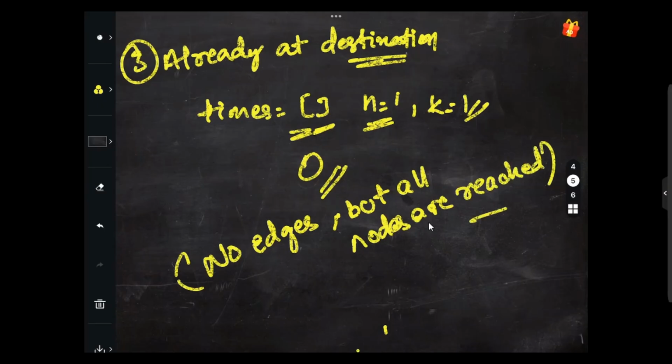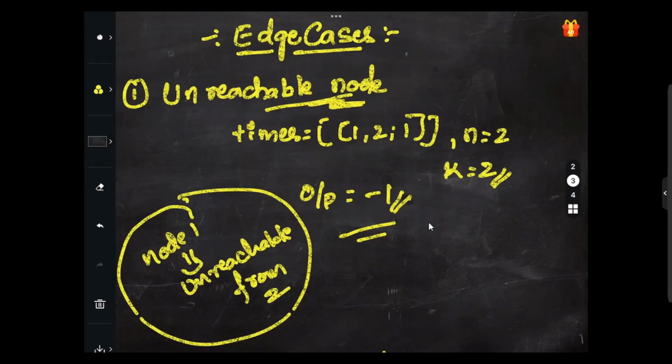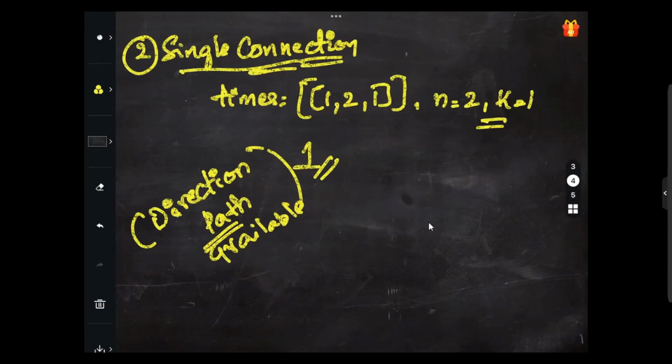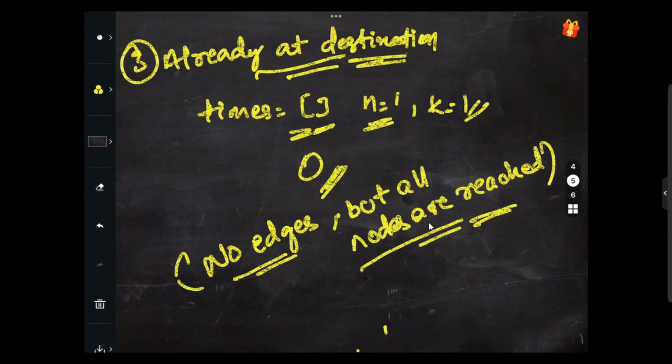This is for the condition already at the destination, and the output will be 0 in this case. I hope all the 3 edge cases are clear. First one was for the unreachable node, second one was for the single connection, third one was for already at destination.